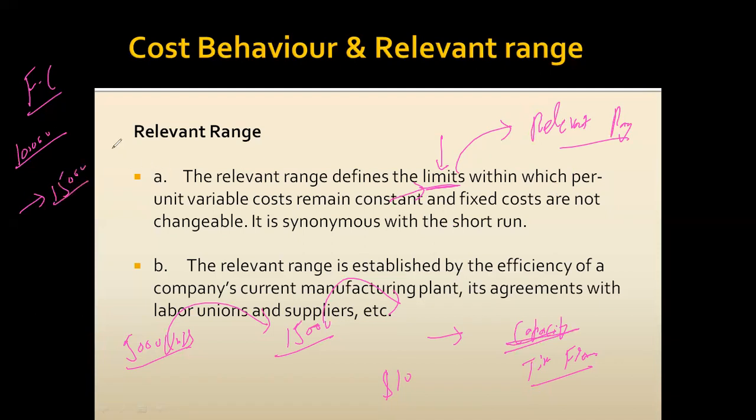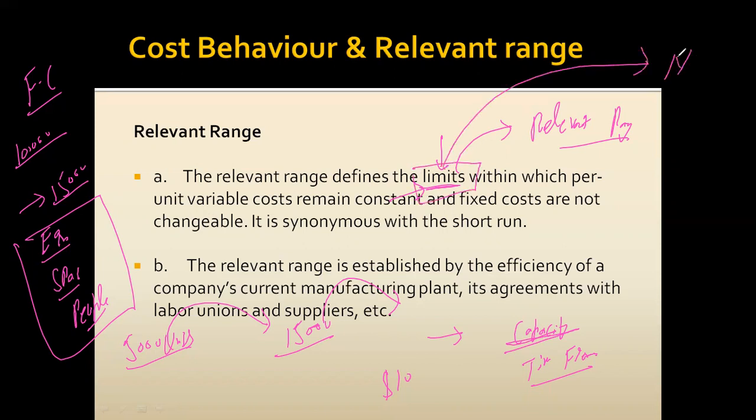So in order to produce 15,000 units, you need more equipment, you need more space, you need more staff. So this will definitely add to your fixed cost. So like that, fixed cost will shift to the next level. So the point after which fixed cost shifts to the next level, that is actually the relevant range. That particular limit is the relevant range. After that, the behavior of fixed cost and variable cost will not remain same.